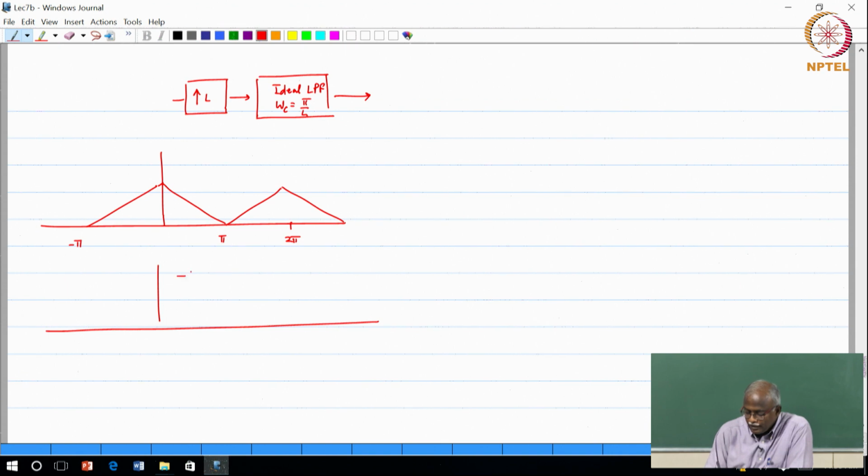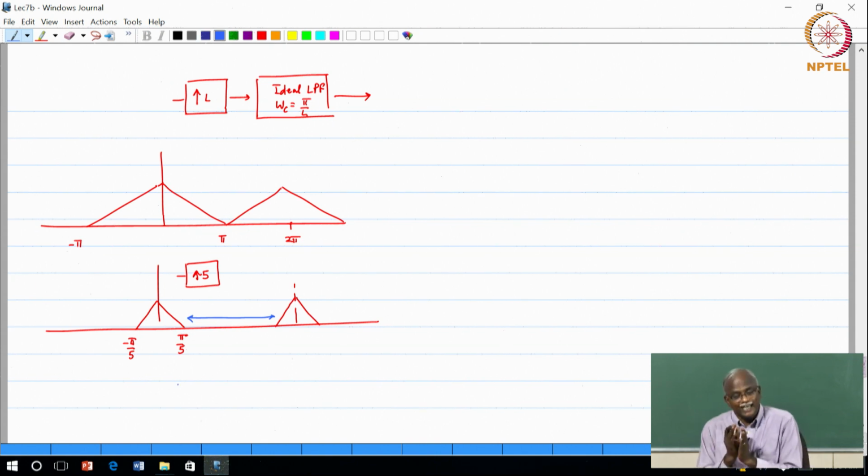What I would have done is the following. If I had done upsampling by a factor of 5, pi and minus pi would have shrunk to pi by 5 and minus pi by 5. There would have been 4 additional copies, but those got removed, and what I am left with is the representation with a period of 2 pi. Okay. So, I have created a gap between the copies of the spectrum.